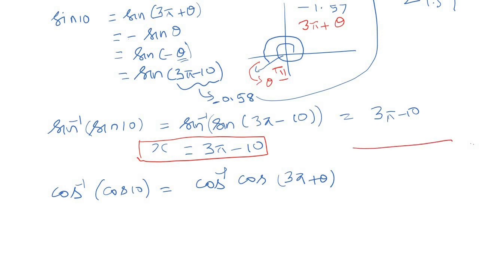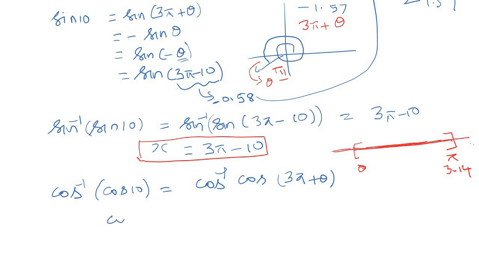Go to the number line, 0 to pi, that is 3.14. So the interval is this. I'm drawing a rough diagram. So it is between 0 and pi.